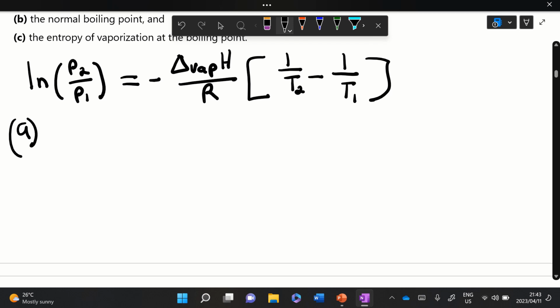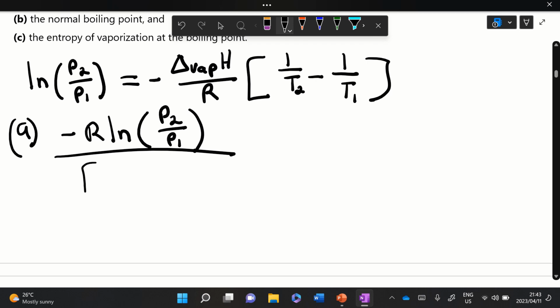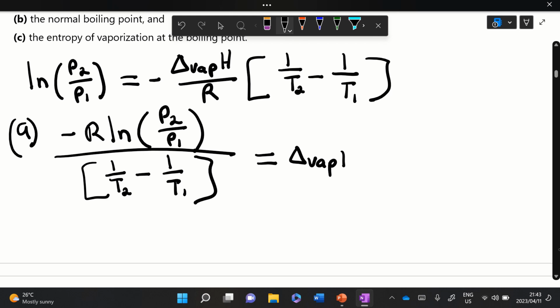So minus R ln of P2 over P1 divided by 1 over T2 minus 1 over T1, which is equal to the vaporization enthalpy.